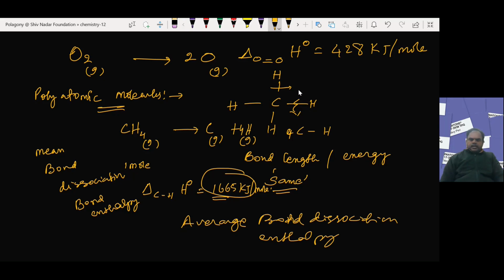For example, for the CH bond, how much energy is required to break the first CH bond, and for the second one, how much, the third one and the fourth one. Then you can write all four CH bond enthalpy changes, 4 values. If you take these 1, 2, 3, 4 and divide by 4, then we will get the average bond dissociation enthalpy.